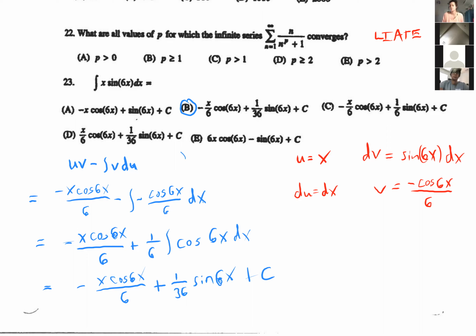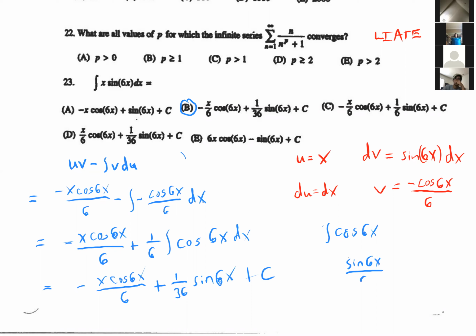Could you explain one more time where you got the 36 from? The 36, yeah. So if I was to do the integral of cosine of 6x, there's a rule for this. It's just going to be sine of 6x over k. So here your k would be 6.